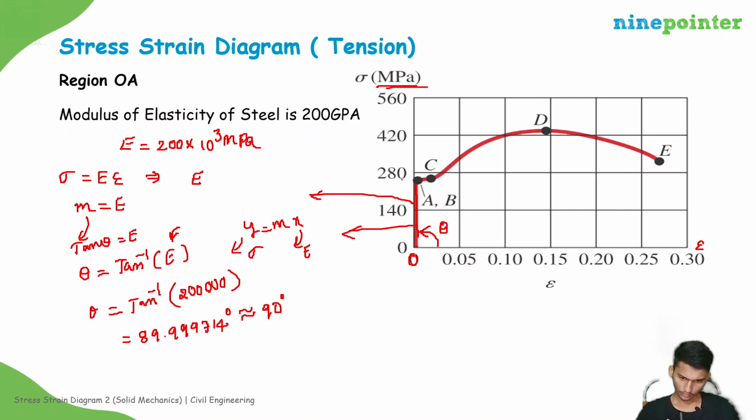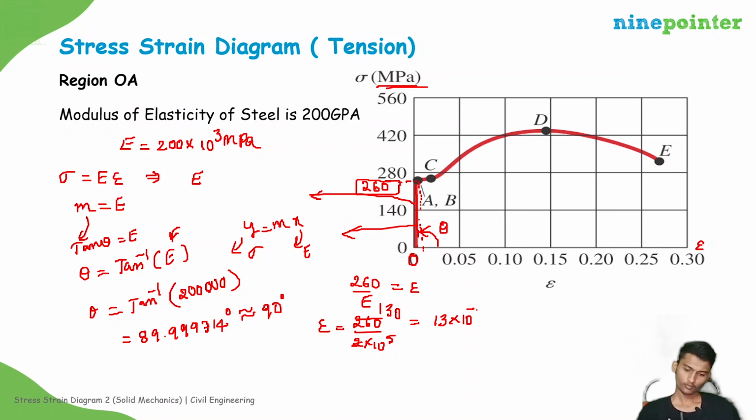Suppose we see the yield stress here, it is nearly 260. Then what will be the value of strain? Strain will be 260 divided by E, that is 260 divided by 2 into 10 power 5. That is 130, so that gives us 13 into 10 power minus 4.